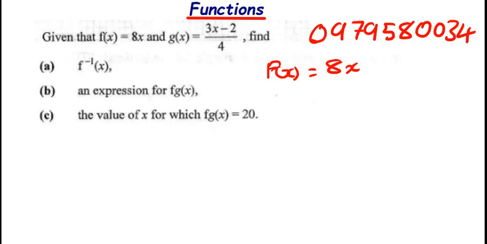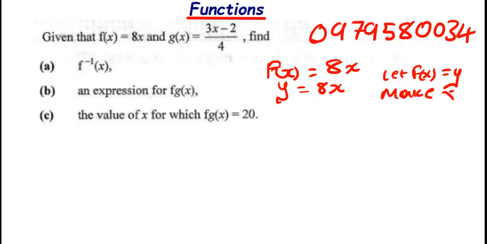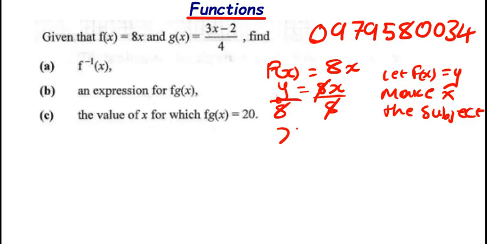So what you do is you say let f of x equal to y, which simply means that where there is f of x you put y, and then you make x the subject of the formula. So you divide by 8 on both sides, and you're going to remain with x is equal to y over 8.